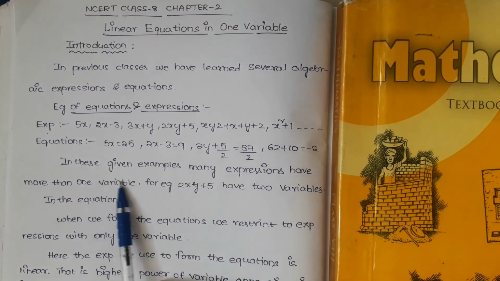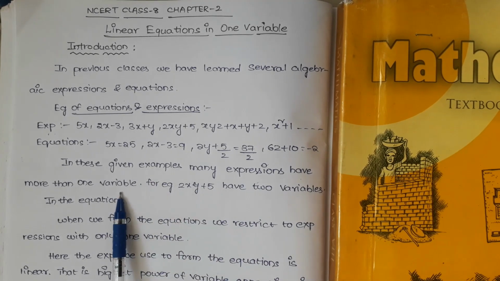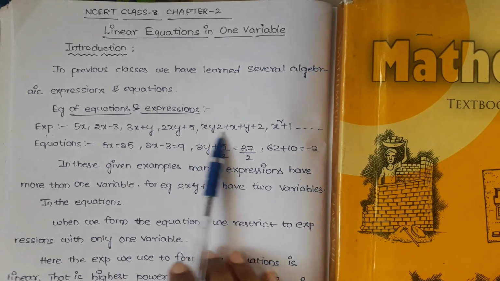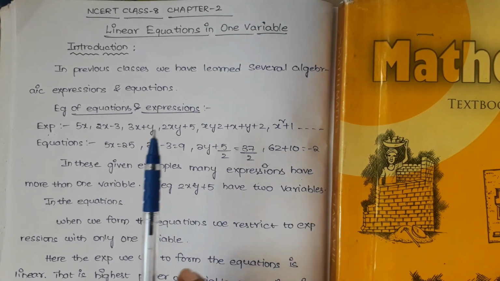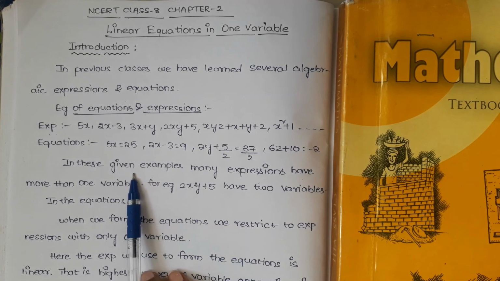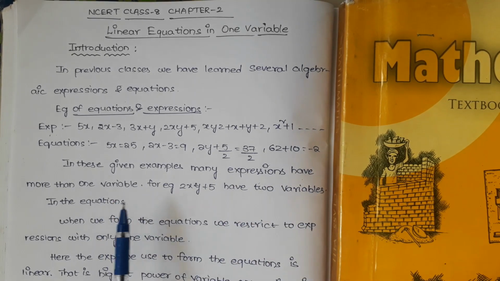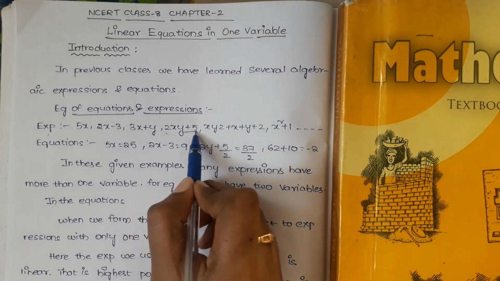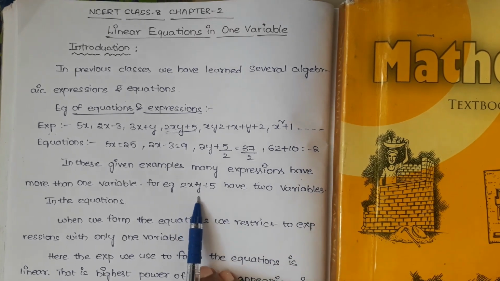In these given examples, many expressions have only one variable, that is x or y or something. But some expressions have more than one variable. For example, the expression 2xy plus 5 has two variables, that is x and y.